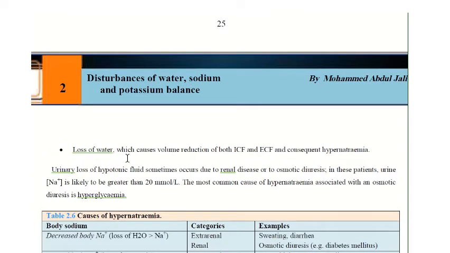And loss of water, which causes volume reduction of both intracellular fluid and extracellular fluid and consequent hypernatremia.